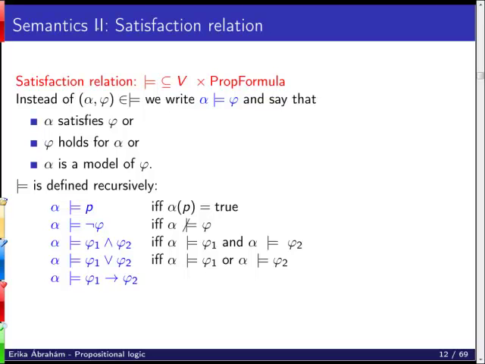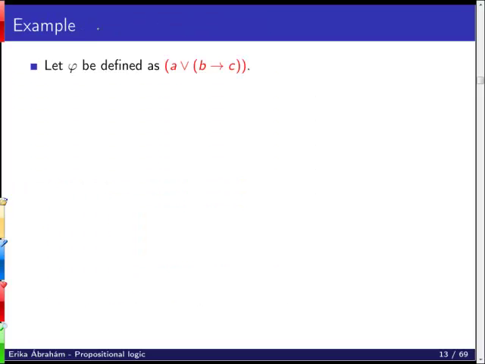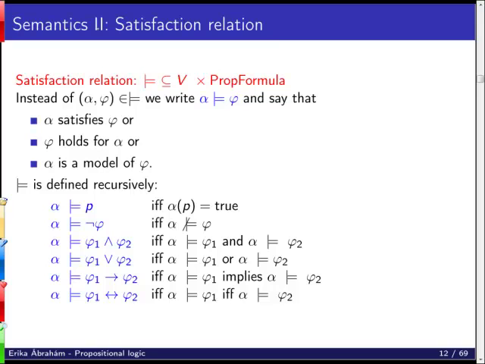Alpha doesn't satisfy phi 1 or does satisfy phi 2. Or we can also say implies, but that's true by the definition of the implication operator. And we have if and only if, this is the same. Alpha is a model for phi 1 if and only if it is a model for phi 2.